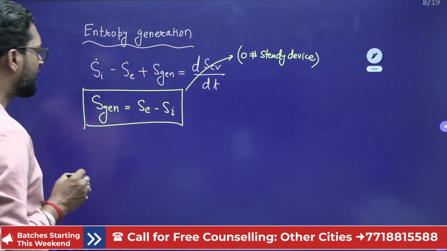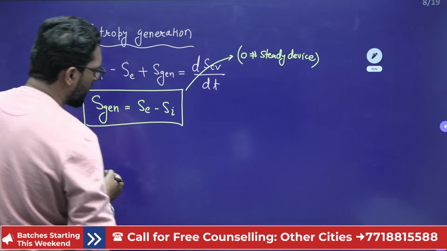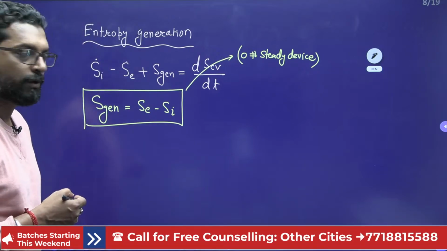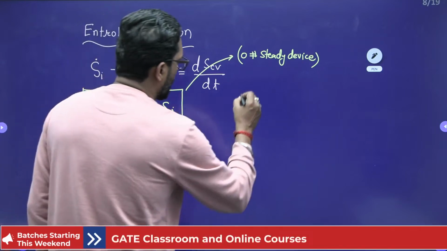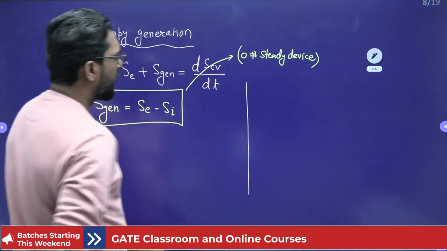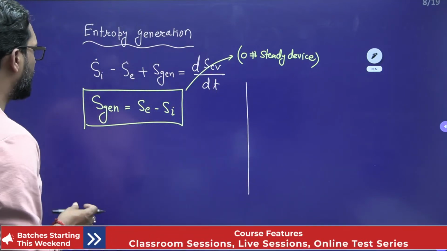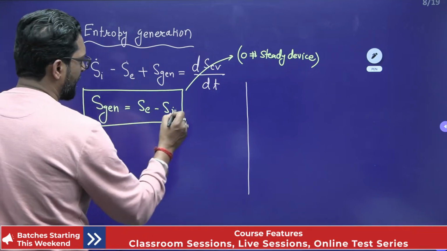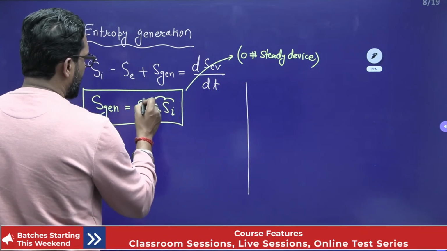Now, if there is only heat transfer, then there is an entropy generation. That means change in entropy, delta S, between inlet and exit.